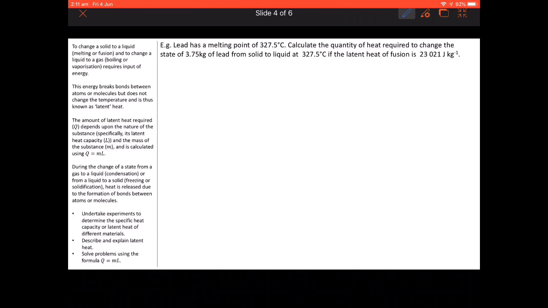So to do this, we'll just use our formula. We know that latent heat is equal to mass by the specific latent heat, and we're talking about melting point, so we're going to be using the latent heat of fusion, which is what we've been given here.